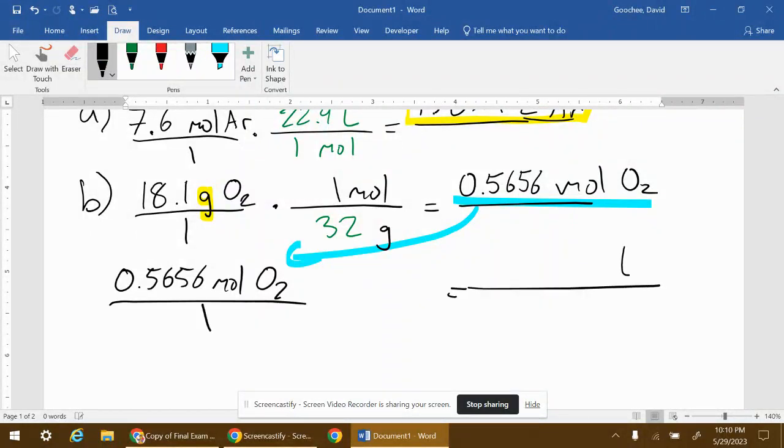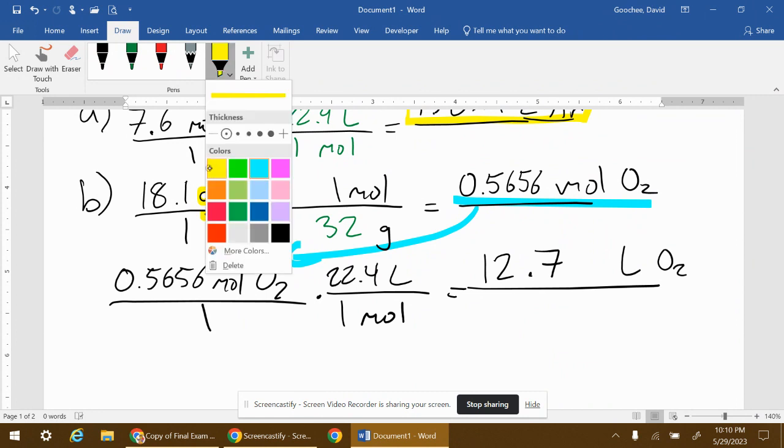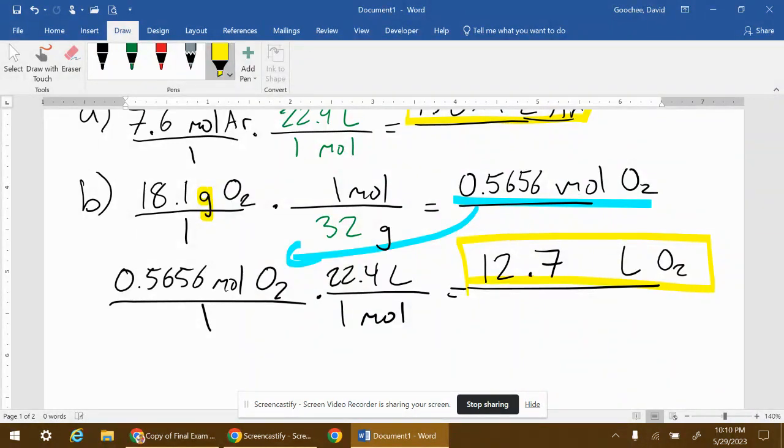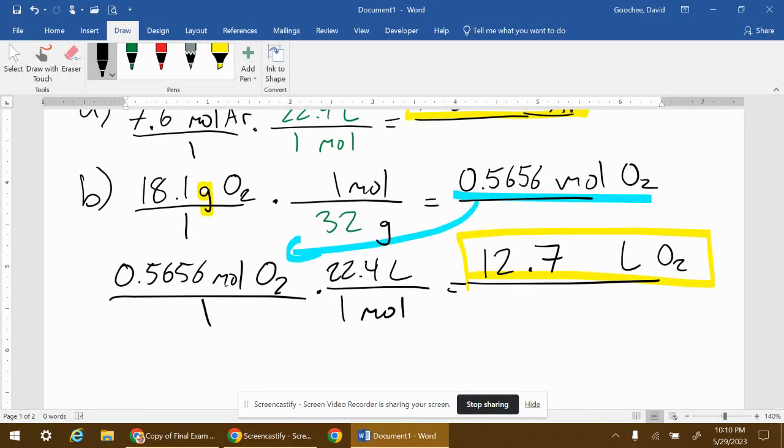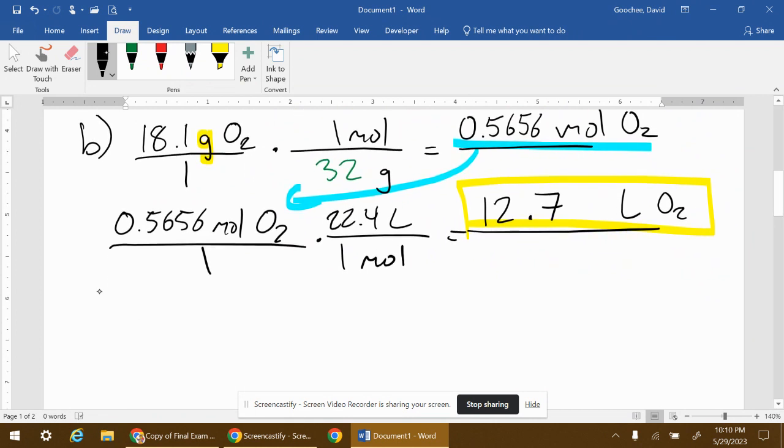We want to figure out how many liters of O2 that is. Well, 1 mole on the bottom, 22.4 liters on top. And we get 12.7 liters of O2. So if you're being given grams and asked to find the liters, you can't do it in one step. You have got to do it in 2 steps. You got to get it into moles first.